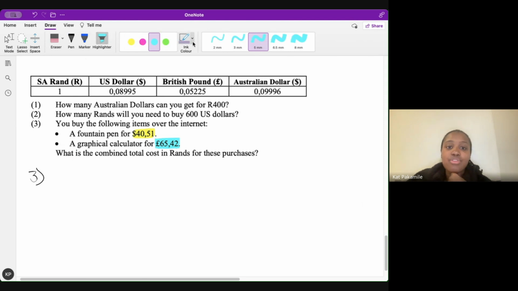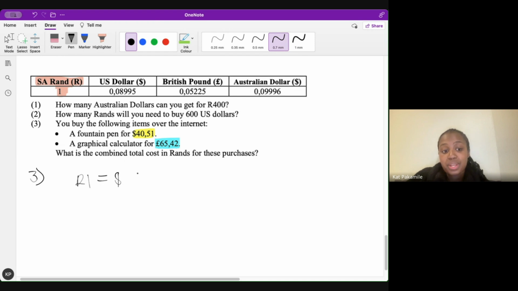So now, if you look at this table carefully, it has changed focus and become rand focused, because 1 rand is compared to all of these. All right, let's see then. If I have 1 rand, first one is US dollars. 1 rand is equivalent to, guys, it's not even 50 cents.